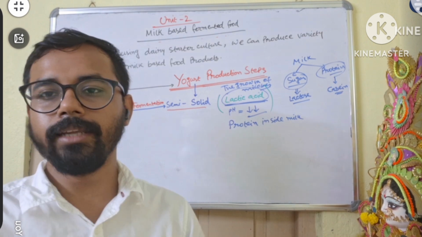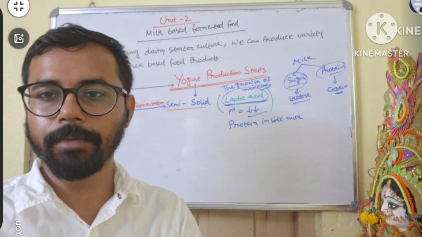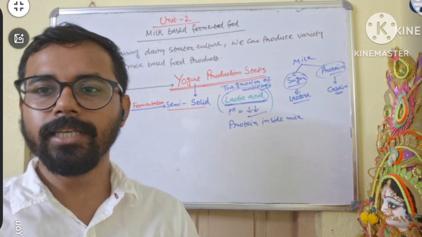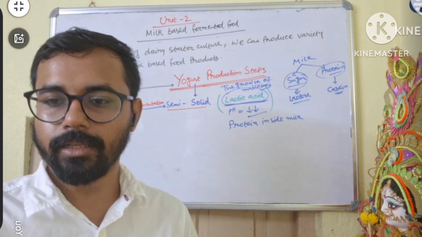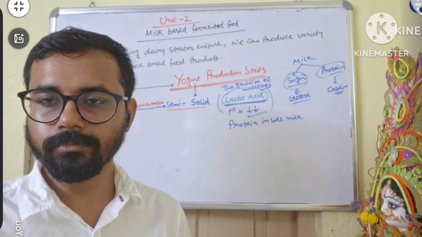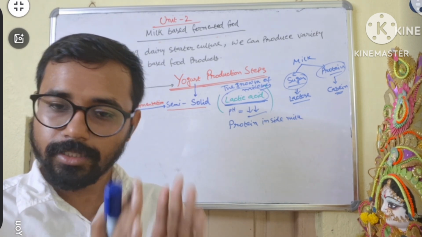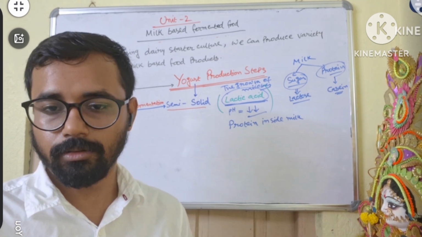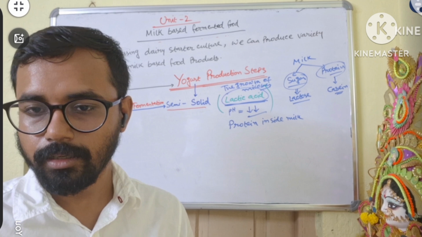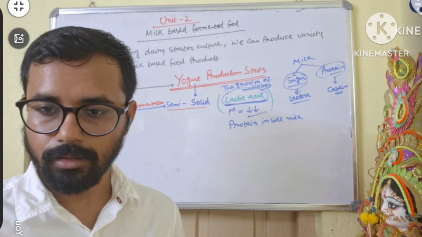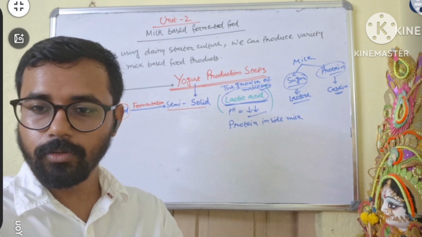Now, after the lactic acid formation, the pH goes down, and at that acidic pH, will the protein be stabilized, or will it be hampered? The destabilization occurs. No, it was stabilized before. That means at the milk's natural pH of 7.5 to 8, slightly alkaline, and now it converts into acidic.